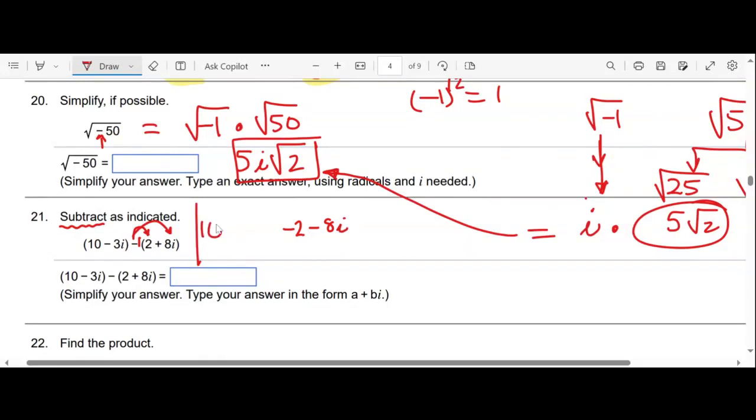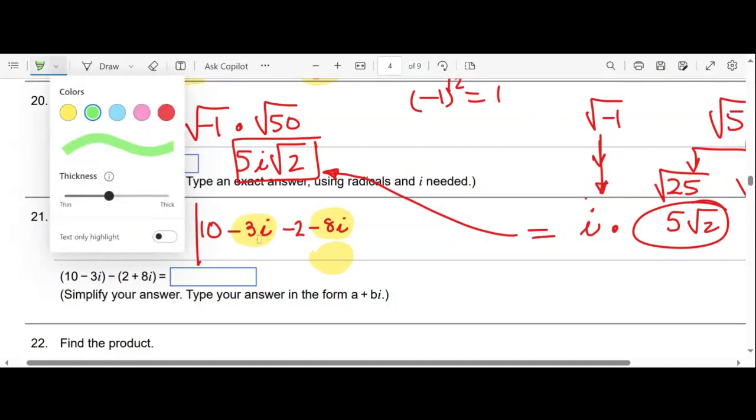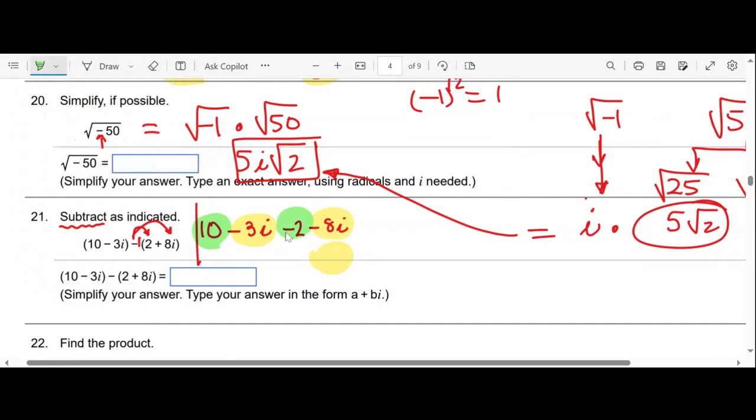And what about the beginning here? We have 10 minus 3i. If you combine this together, what do you get? 12 minus 9, and if you combine the i terms, you have 12 minus 11i. That's your final answer. So you put it here. Okay?